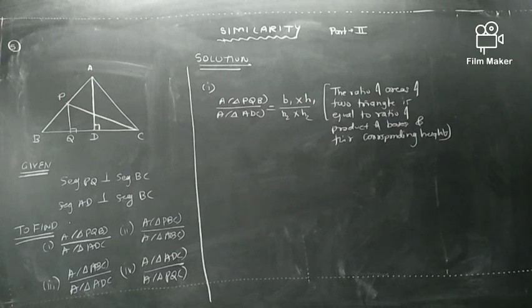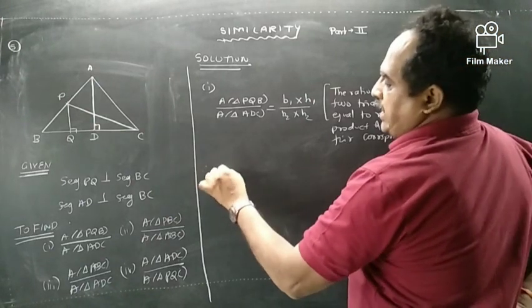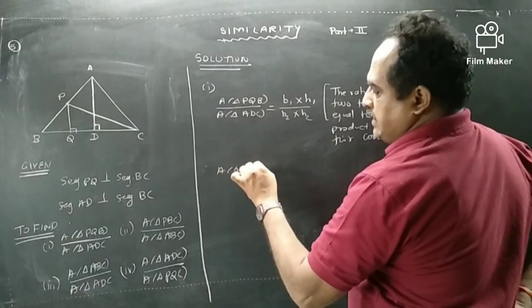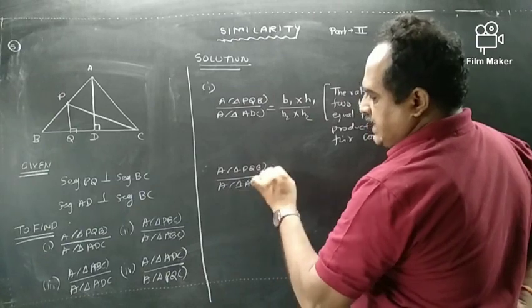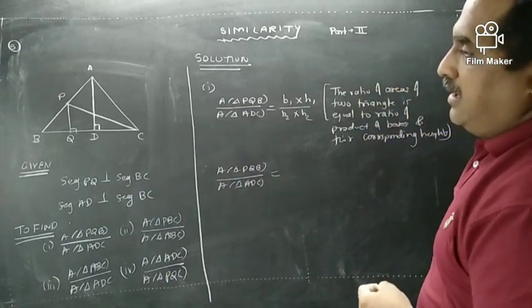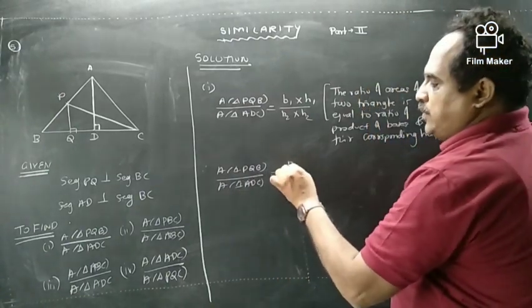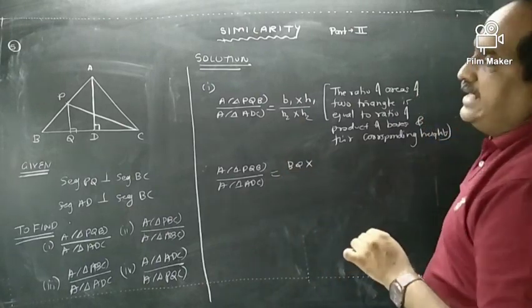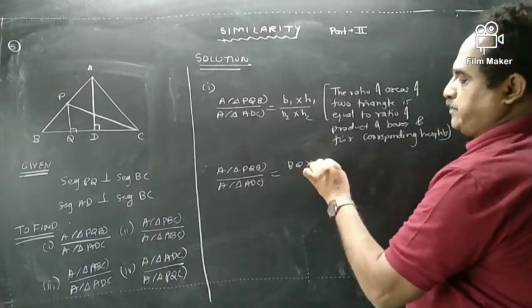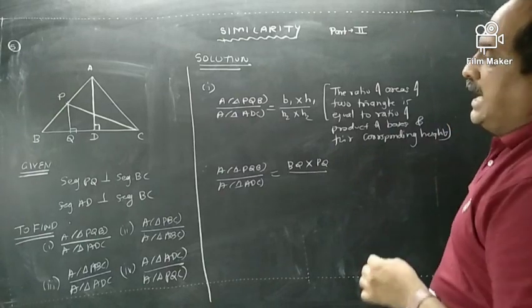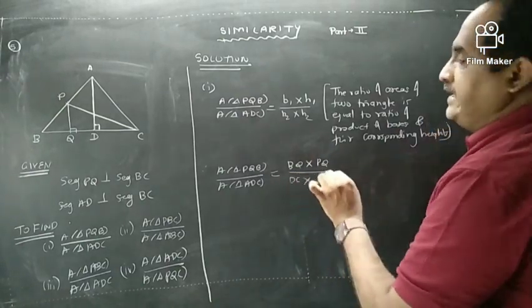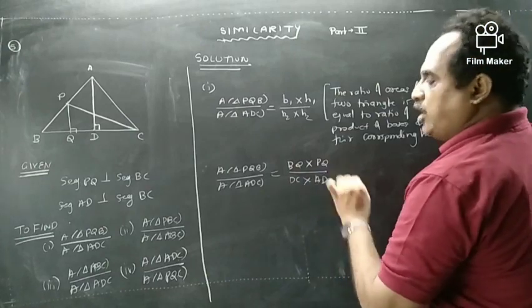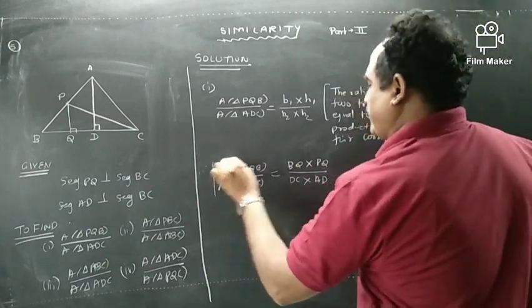Therefore, area of triangle PQB upon area of triangle ADC: PQB base is PQ and height is PQ, while ADC base is DC and height is AD. They are not given any values. This is your answer for the first question.